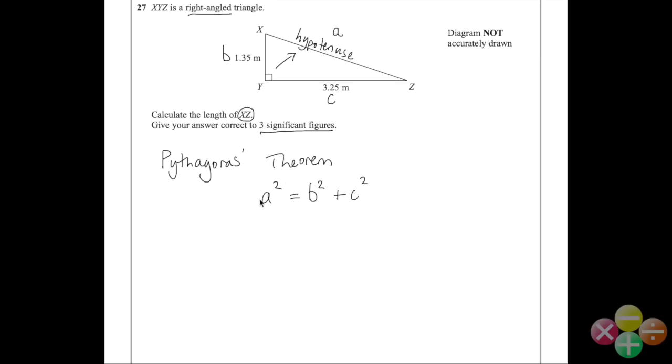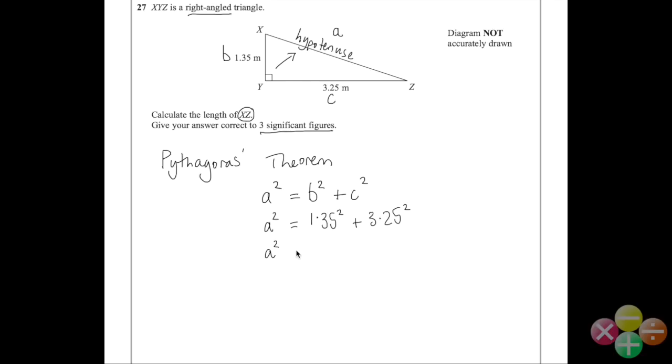So what we need to do is substitute the values that we know, the 1.35 and the 3.25, into my equation. So I have A squared and I've got 1.35 squared and 3.25 squared.